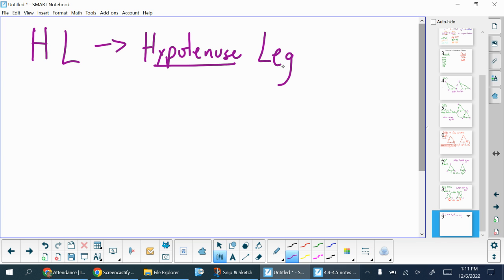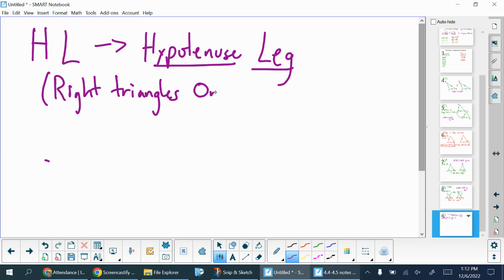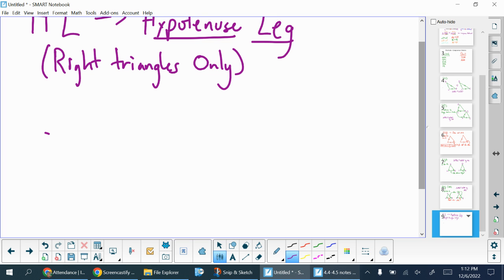And we only use the words hypotenuse and leg for right triangles. So this is right triangles only. And because it's only right triangles, it's hypotenuse, leg, and a right angle. So we actually do have 3 things here.